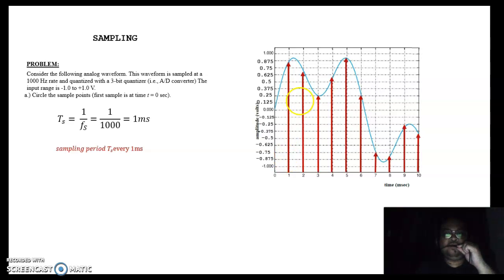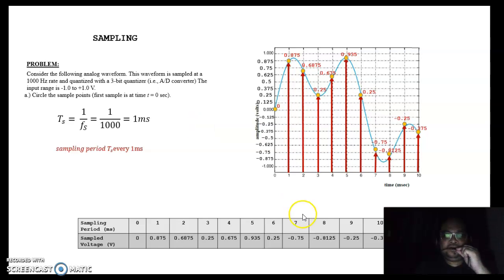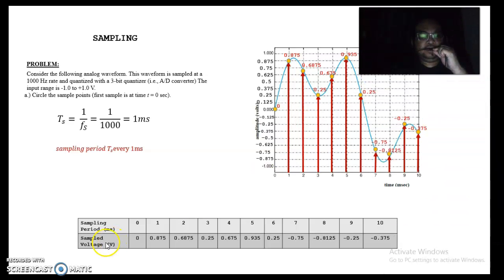Every 1 millisecond, you will get a corresponding sample voltage, at time 1, time 2, 3, and so on. These are your sample voltages. To illustrate further, the sample voltage for time 0 is 0.